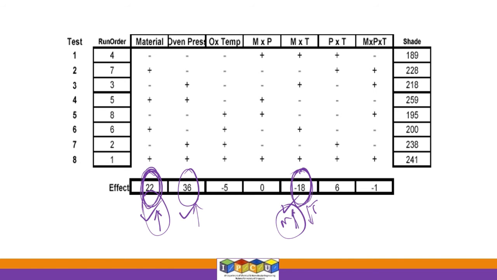So I'm going to increase M. So this is going to increase, but because this is a negative sign, and my interest is, let's say, in increasing the shade value, therefore I will try to reduce the oxidation temperature. So all the three things that I do, increase oven pressure, increase material quality, and decrease oxidation temperature, will give me a higher shade reading. That is the intelligence I get about the system from the conducted experiments.